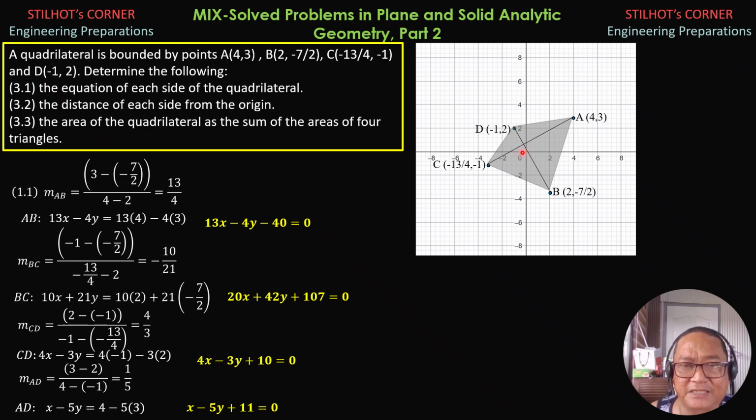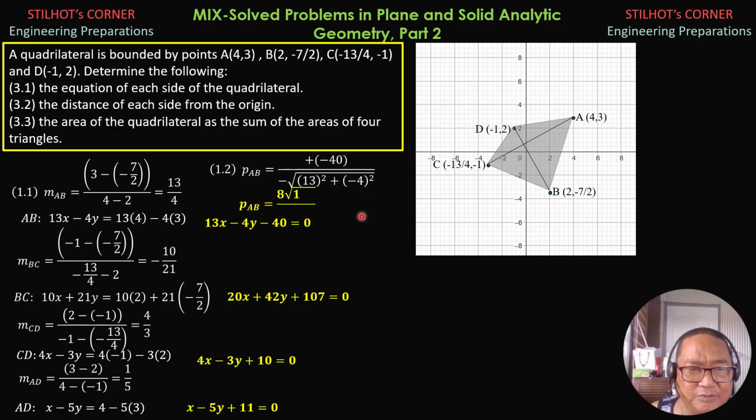For the distance of the origin from AB, the origin is above AB, so it is positive in the numerator. The constant is negative 40 because this is (0, 0). So positive of negative 40 over negative, because the sign of B is negative, square root of 13 squared plus negative 4 squared.